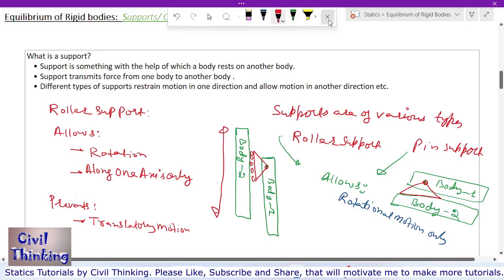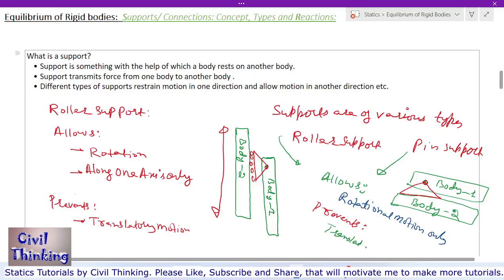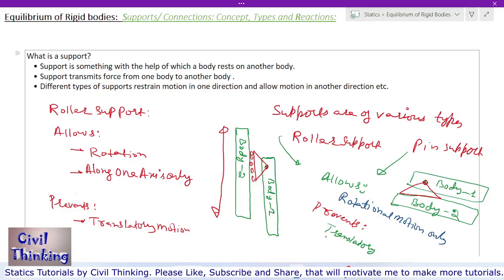It prevents translational or translatory motion in how many directions? Two directions. Because something can translate left to right or it can translate top to bottom.